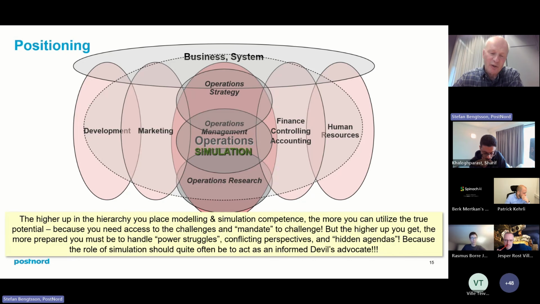I have many experiences when people get very interested in simulation because they see the potential, but when the results from looking at various scenarios don't point in the direction that this manager wants according to his or her own agenda, then they usually turn 180 degrees around.